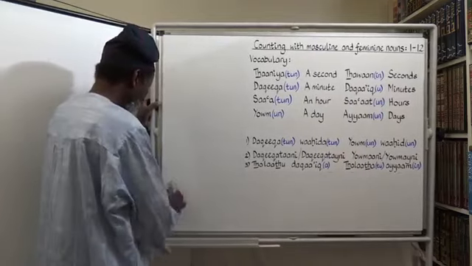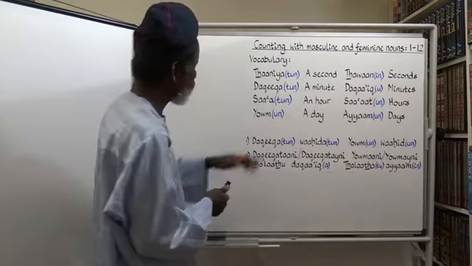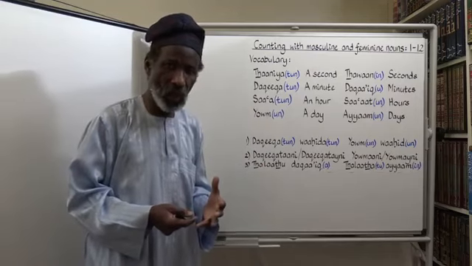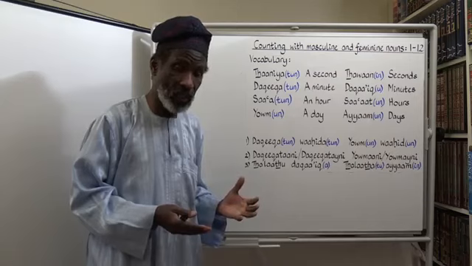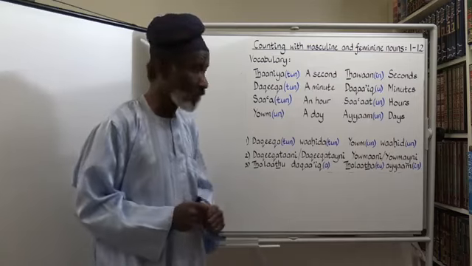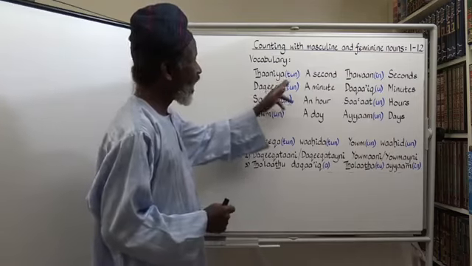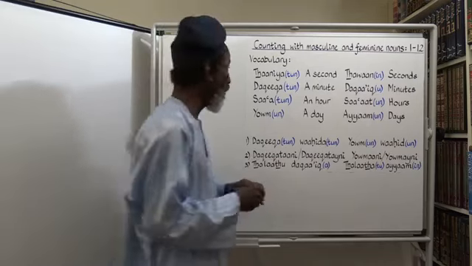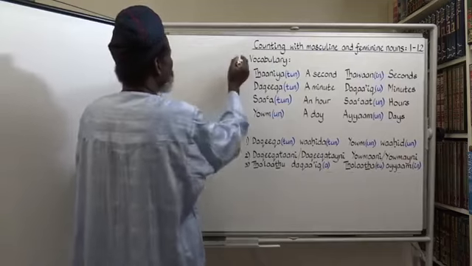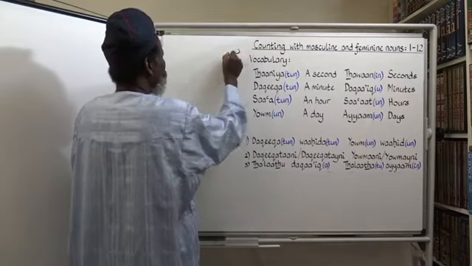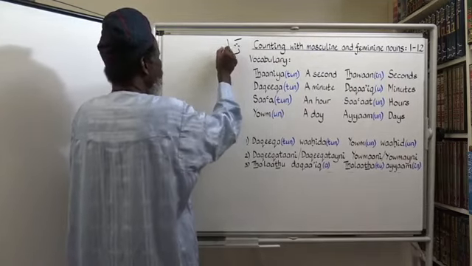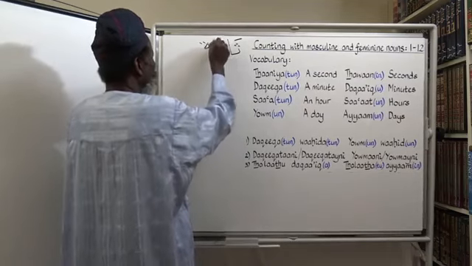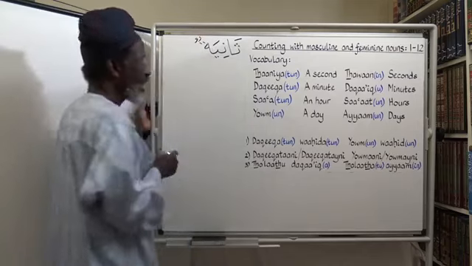Okay, now let's first of all look at the vocabulary that we're going to be using to reinforce the points I've just explained. Thaniyatun means second. So I'm going to write it. Thaniyatun.